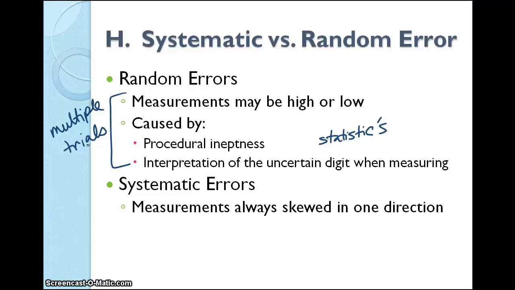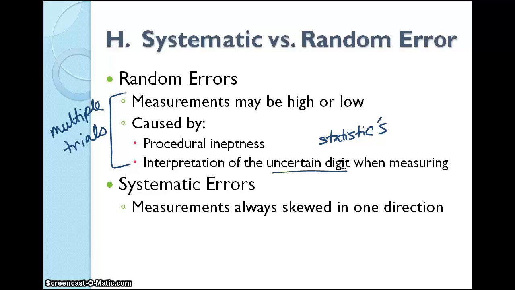So statistically, by having multiple trials, you're lowering your uncertainty, okay? And this also deals with your uncertain digit when measuring. You're accounting for the fact that people may be reading your last digit differently because of rounding. But again, by maybe averaging the whole class together, it will make better results.